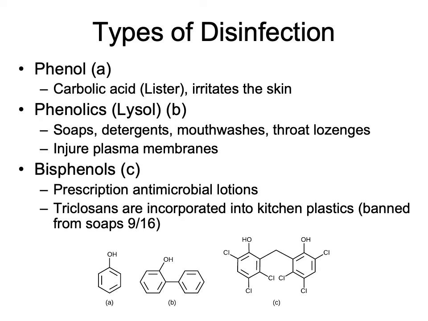There is also something called triclosan, and it has now been incorporated into kitchen plastics. But it is also something that was used in soaps, but it was removed. Remember how I talked about how some antibacterial ingredients were removed in 2016? This is one of them that was taken out of antibacterial products because they were worried about the long-term effects.